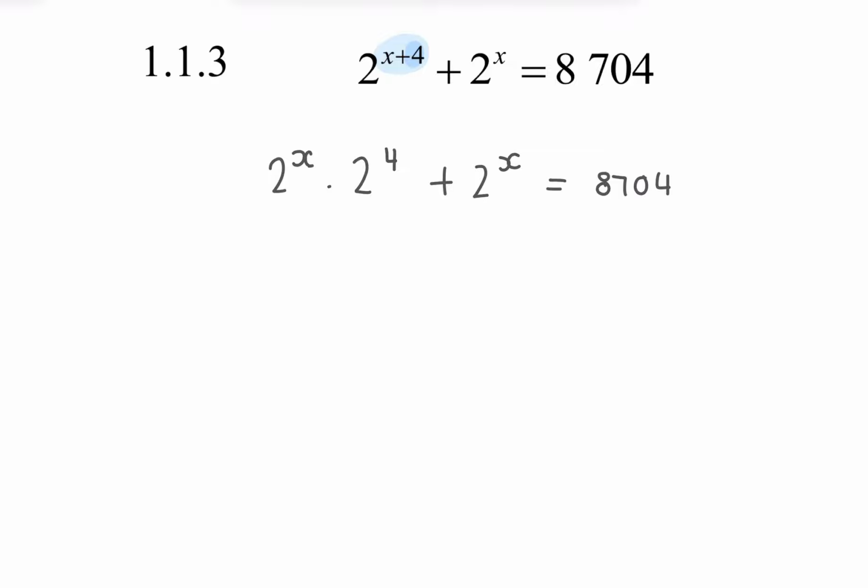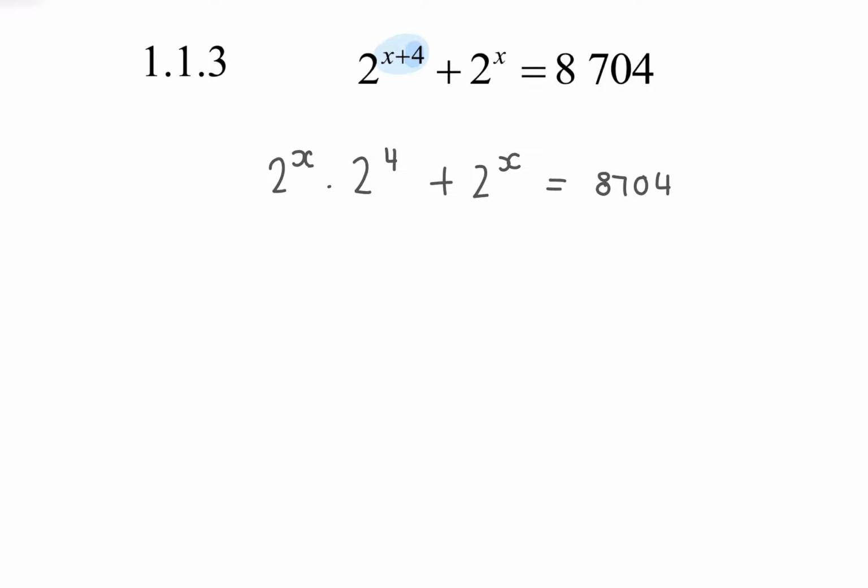Now we have to remember that concept that you were taught way back in grade 9 about a highest common factor. So if you were to look at the left-hand side, do you see a highest common factor?